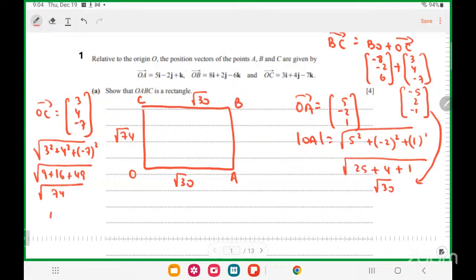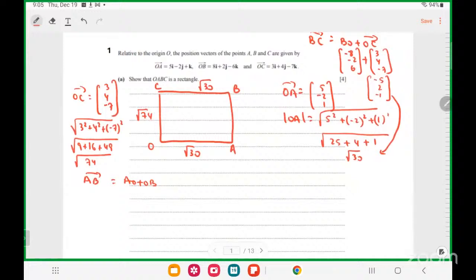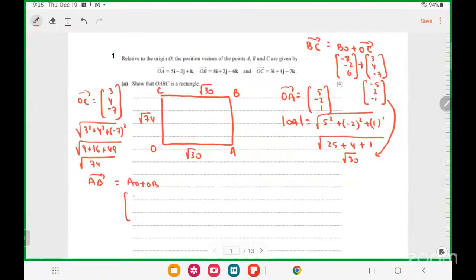For that, we will need to find AB. AB is AO plus OB. AO is (-5, 2, -1), plus OB, that is (8, 2, -6), which is once again (3, 4, -7).